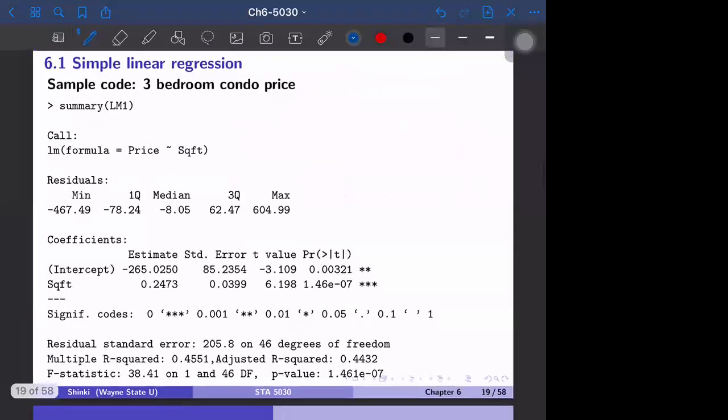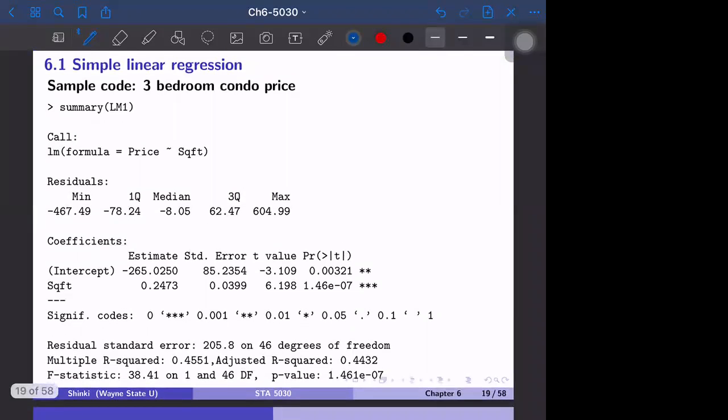Actually this information is included in the summary of our LM model. Remember that we regressed the price on square footage for the condominium data, and we named it LM1, from lm of price on square feet. Then the summary of LM1 includes all the information.